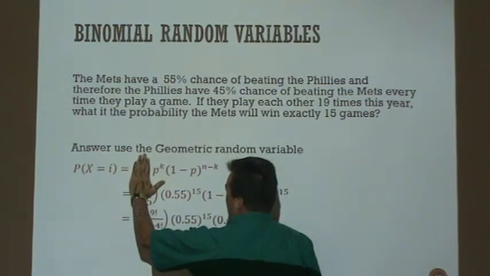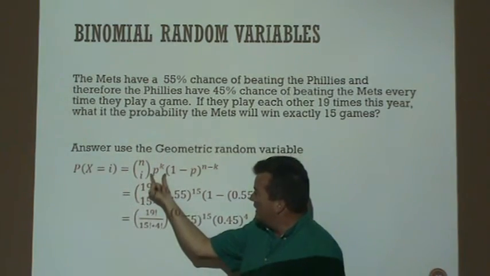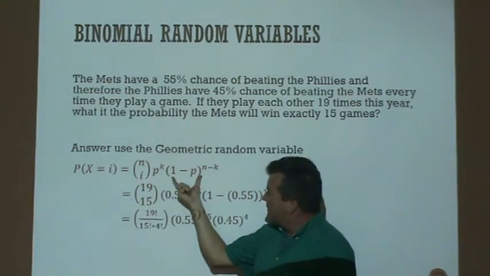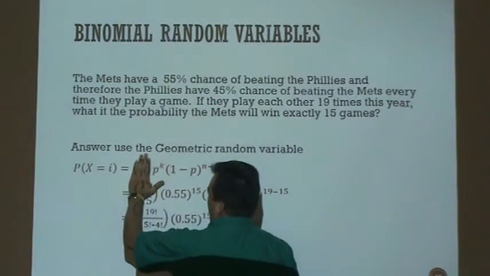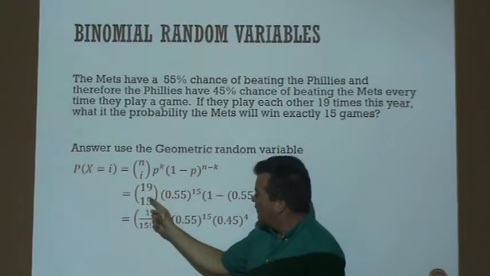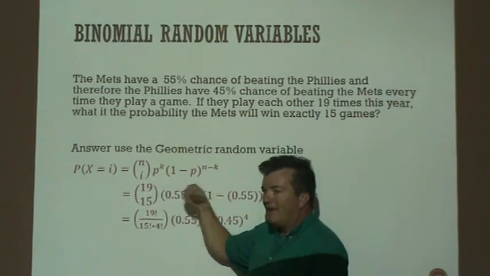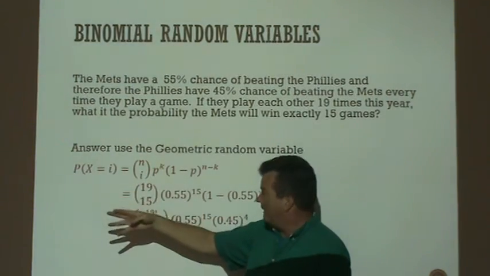We're basically saying there's going to be this many wins and this many losses. So if you were to take this part away, that would be like answering the question, what is the probability they would win the first 15 games and then lose the remaining 19 minus 15, the remaining 4 games?